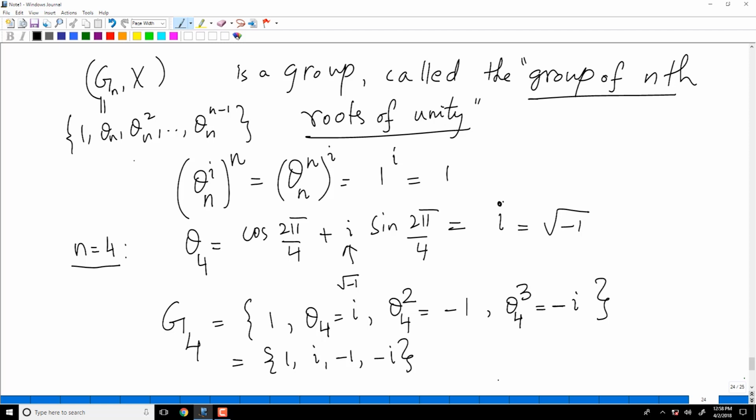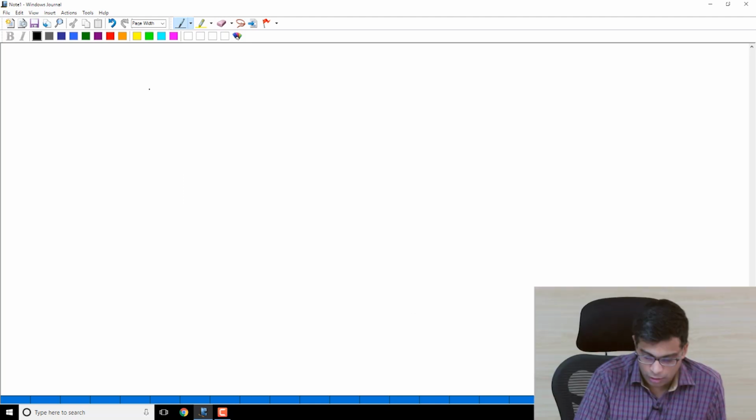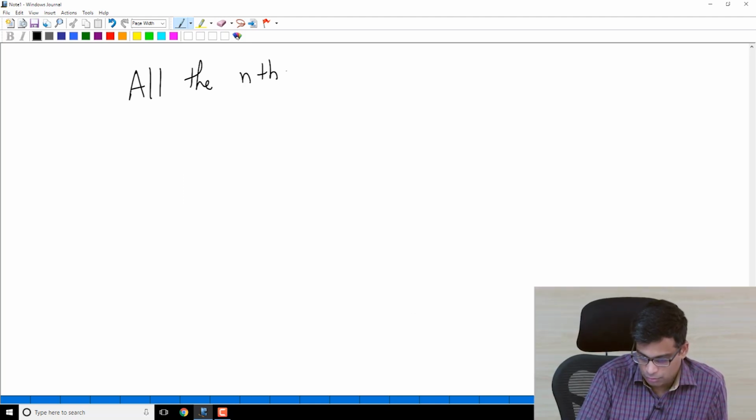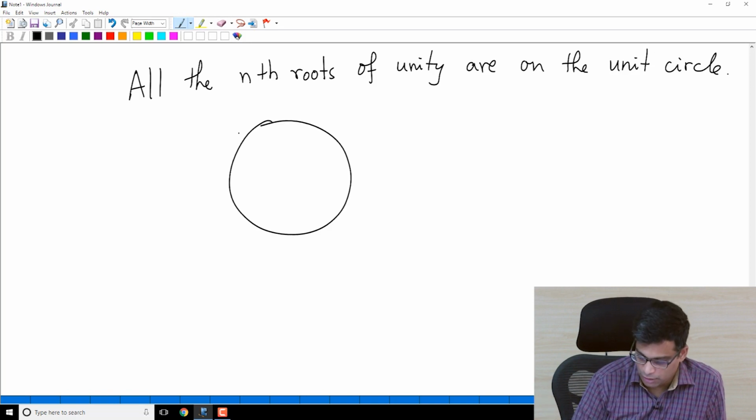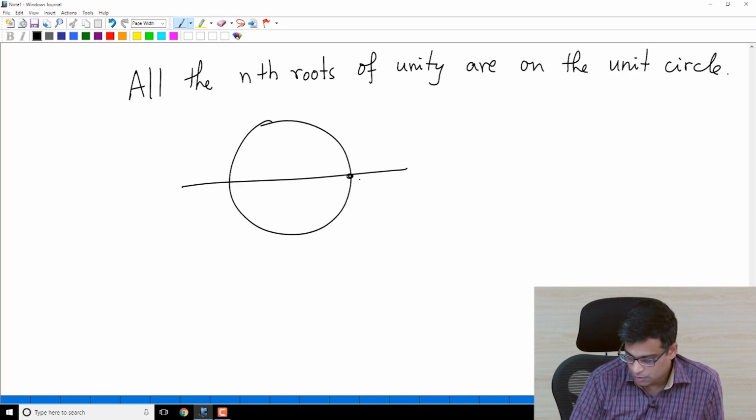One more point that is useful to keep in mind is that all the roots of unity, for any n, are on the unit circle. If you look at the unit circle, this is 1, that is the first root of unity, this is minus 1, you have i here and minus i here.